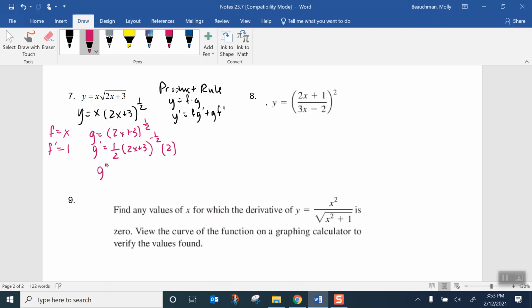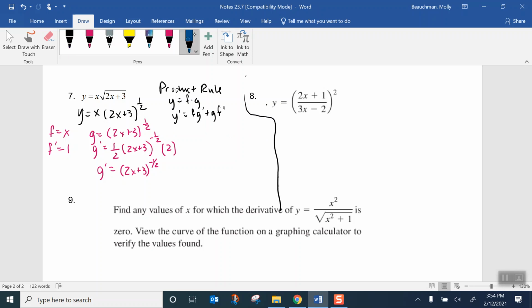So I end up with g prime equals, 1/2 times 2 cancel each other out, (2x + 3) to the power of negative 1/2. Now that I know f, f prime, g, and g prime, we can apply the product rule.